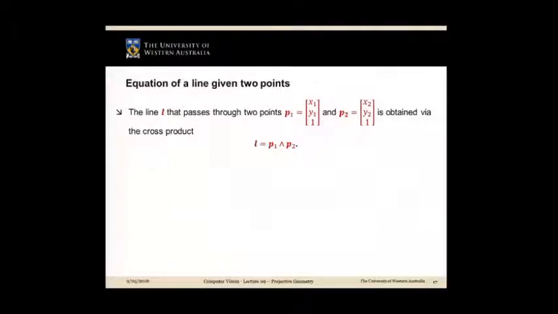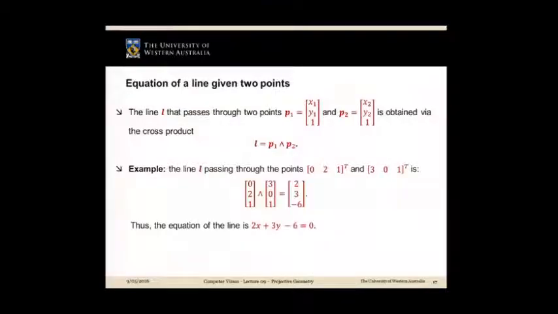Just give two different points to that function, and it will give you the equation of the line, right? And in normal mathematics, you take the cross product of 2 points, that gives you a line. Now the line L passing through the points (0, 2, 1) and (3, 0, 1) is given by this particular equation.